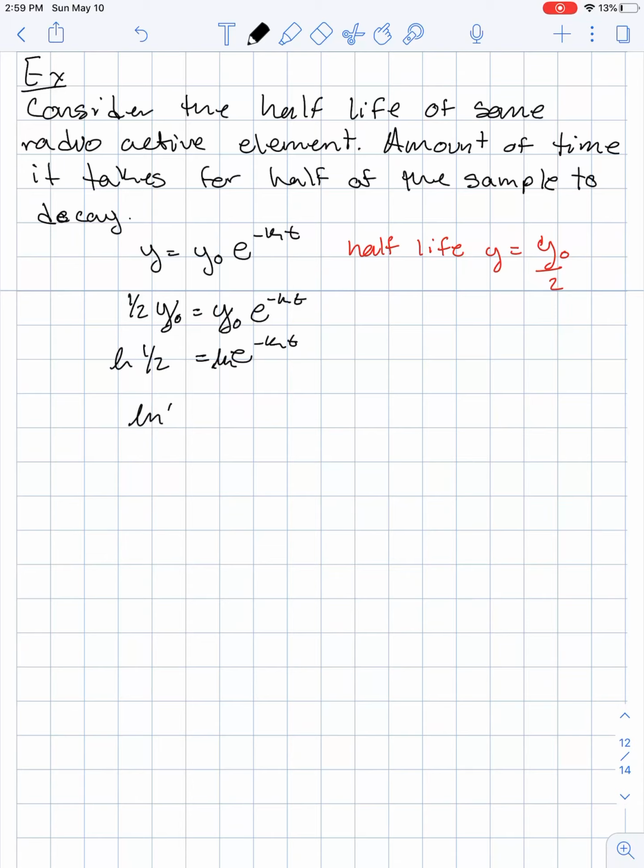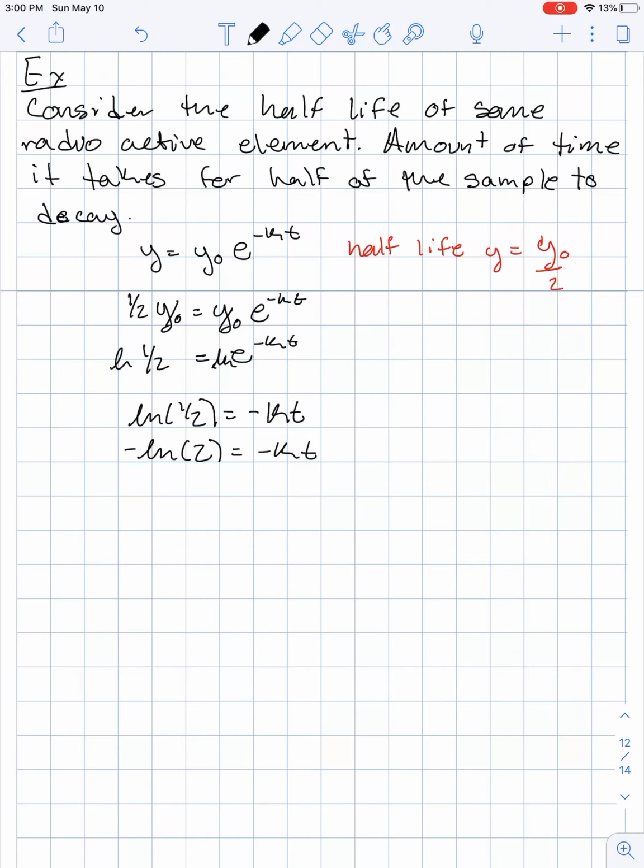Well, I know I can get rid of that e by taking the ln of both sides. So I get ln of 1/2 equal to negative kt. So half-life, divide by negative k. Before I divide by negative k, I'm going to rewrite ln of 1/2 using the reciprocal rule.